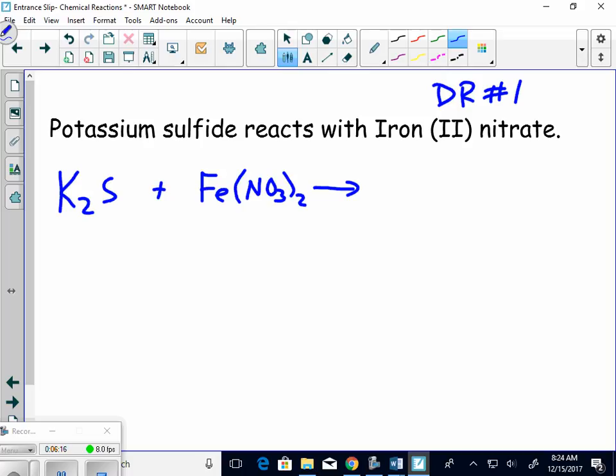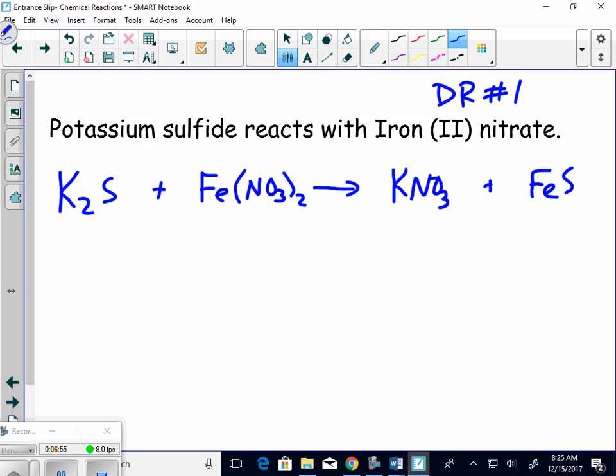So the first thing I am going to do is I'm going to swap my cations. So I'm going to get KNO3 and iron 2 sulfide. As I do this, I now need to check to see if these will actually work.